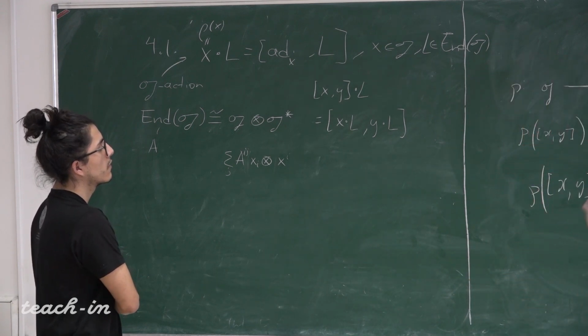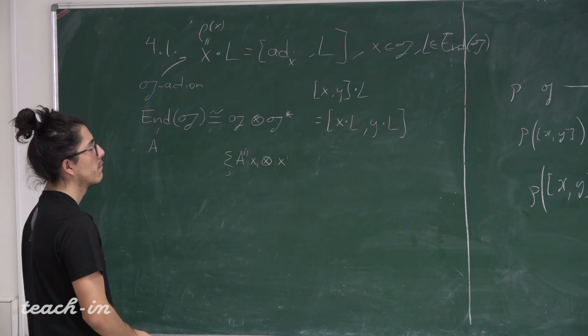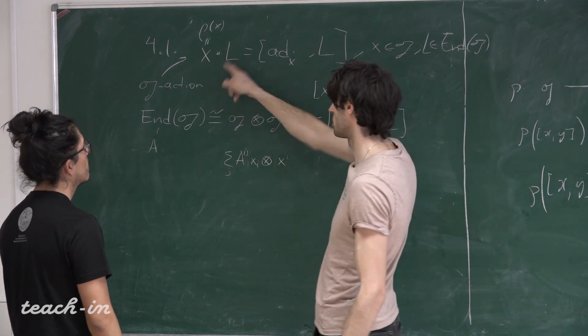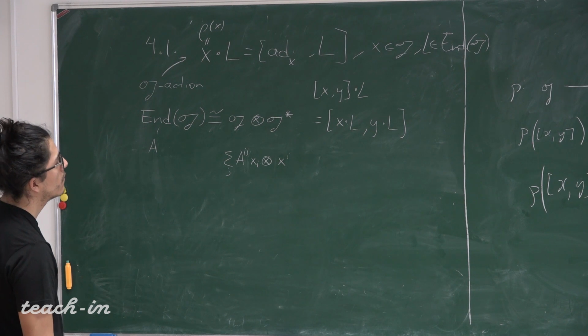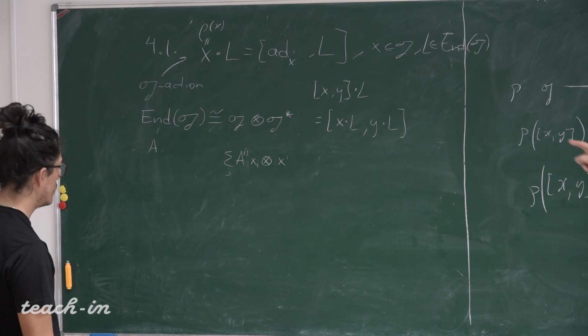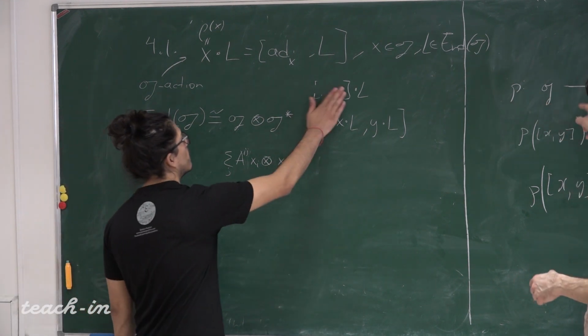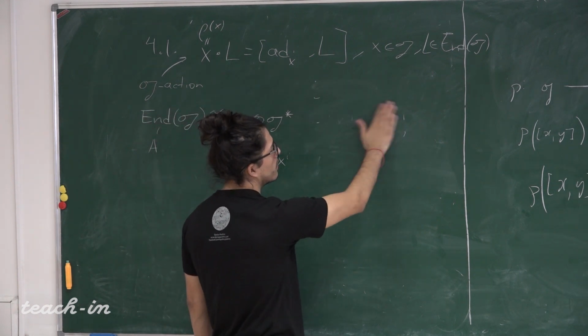So of course it's a linear transformation of this, right? So x applied to something is a linear transformation. Now I would like to see that the corresponding rho respects the bracket, right?